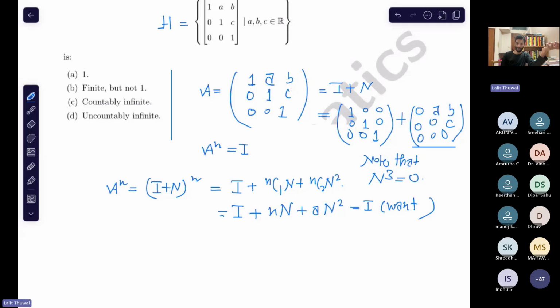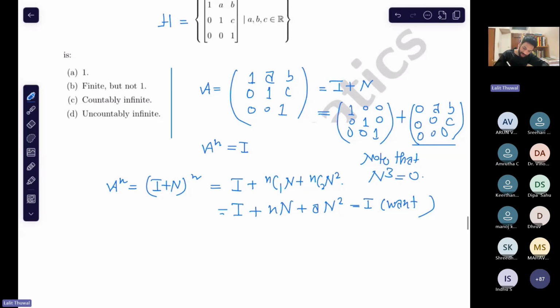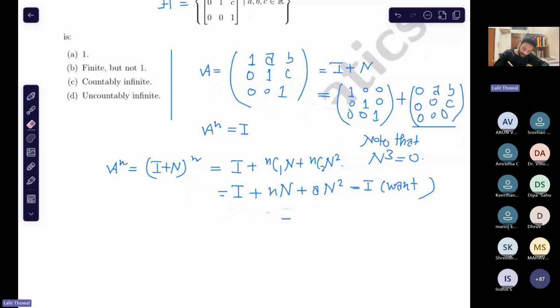You want it to be equal to I, right? So in that case n square must be equal to 0.